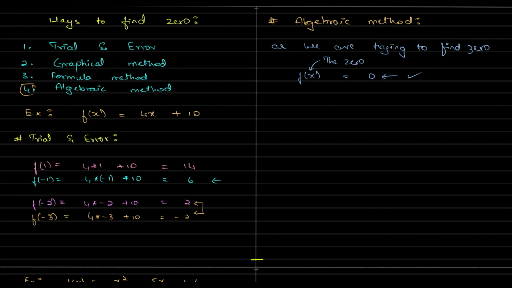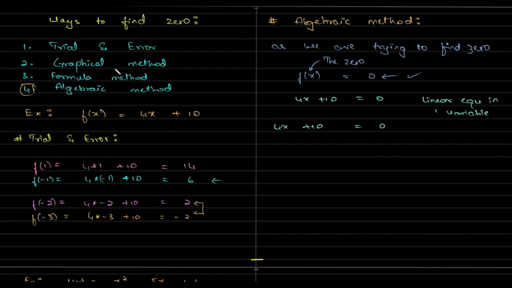Now, what is f of x itself? Well, f of x itself is 4x plus 10, which is equal to 0. Now I just have to solve. This is a linear equation in one variable. How do you solve it?